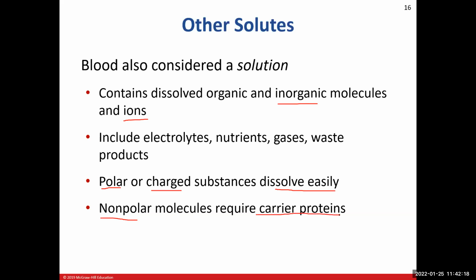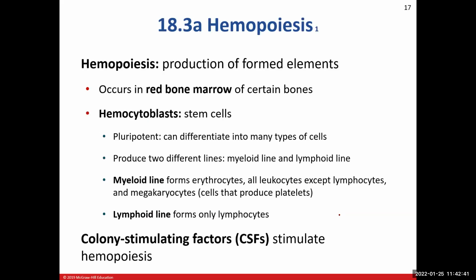But if nonpolar molecules are small enough, they don't need help getting across the plasma membrane. They can usually diffuse right through the plasma membrane of our cells. So polar and charged substances, no problem. Drop them in solution, in this case into our blood, they dissolve right away and they go circulate around. Nonpolar molecules are the ones that are going to require those proteins there.